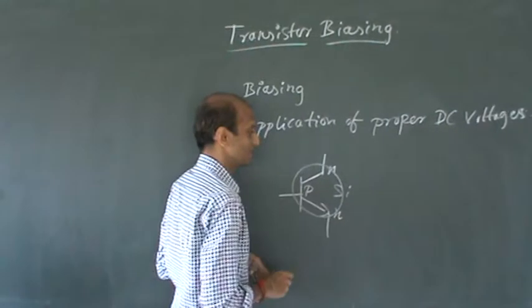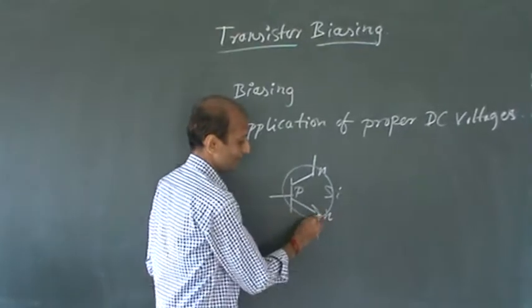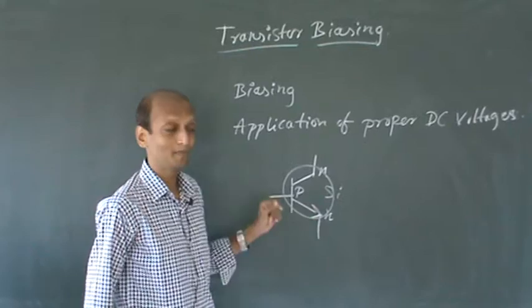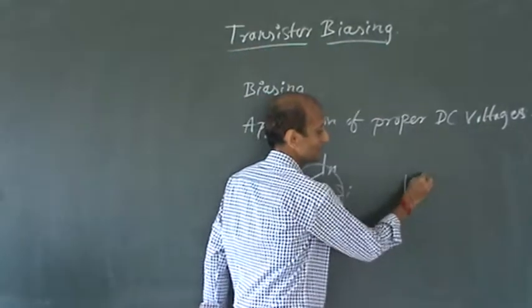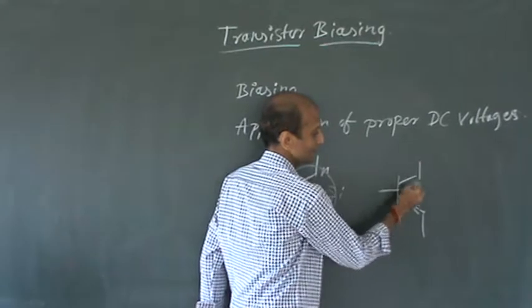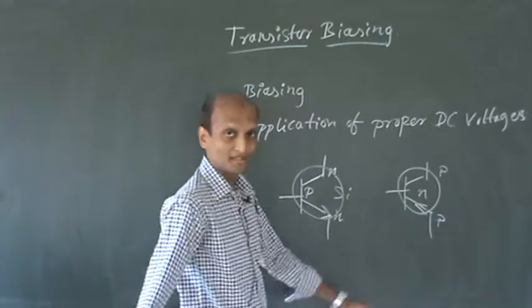I have taken a silicon transistor. In an NPN transistor, this arrow mark shows the direction of current. For a PNP transistor, we will write it somewhat like this. So this is a PNP transistor.